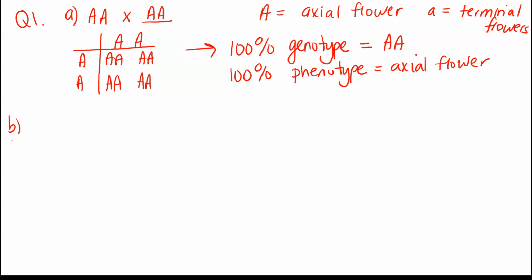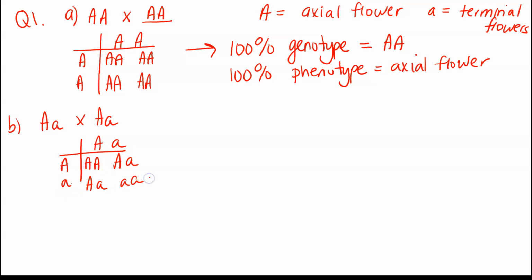Then B would be big A, small a, and I'm assuming that both parents are the same. I would do this again, your cross, one parent on one side, another parent on the other side. You have big A, then you have big A, little a, big A, little a, and then lastly the little a and the little a, and those are your offspring.